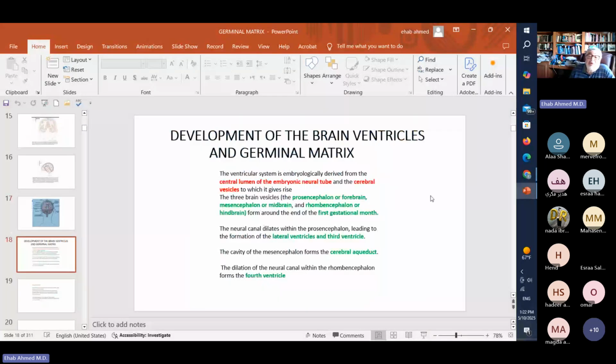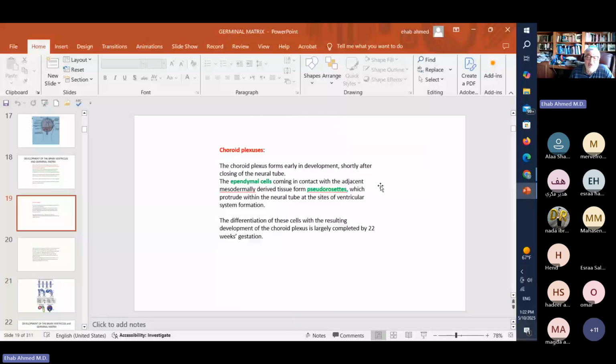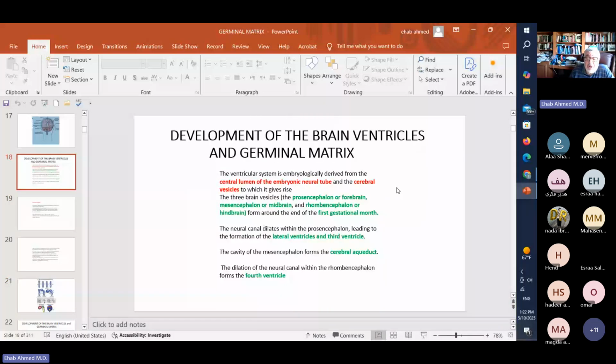Okay, development of the brain, ventricles, and germinal matrix. It starts as early as 4 weeks of gestational age. And the ventricles develop from the central lumen of the embryonic neural tube. And it is in the form of 3 cerebral vesicles that will form the forebrain, the midbrain, and the hindbrain.